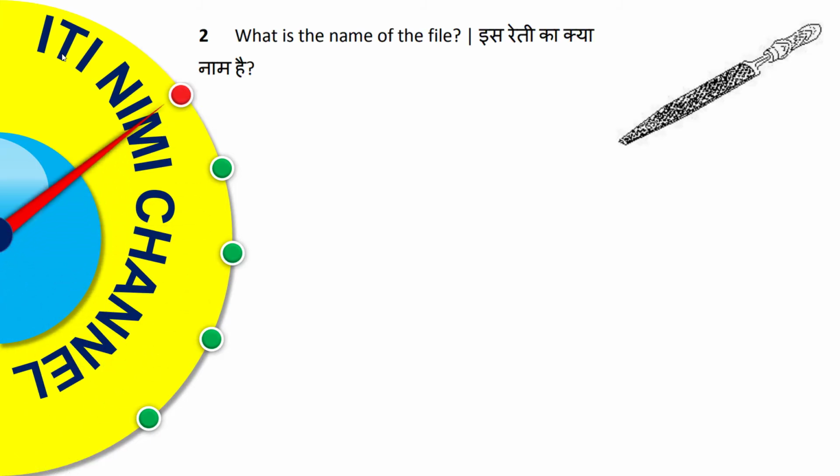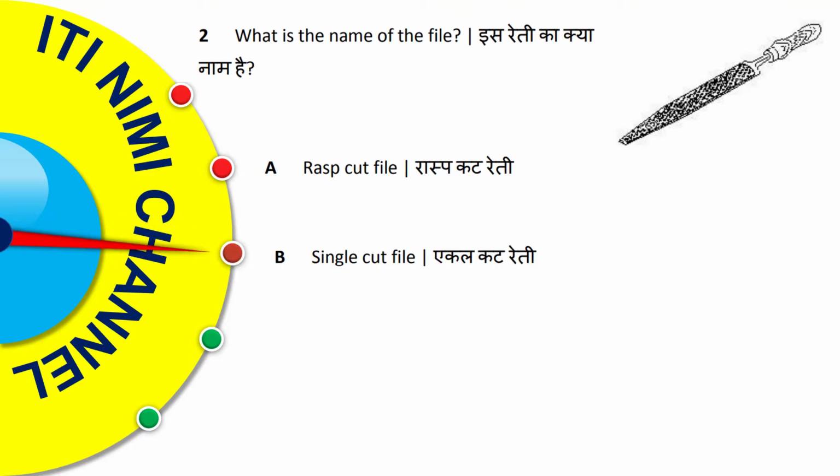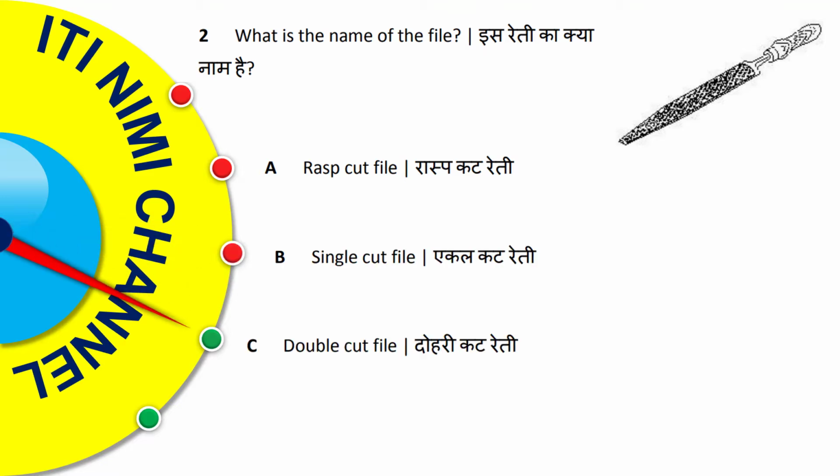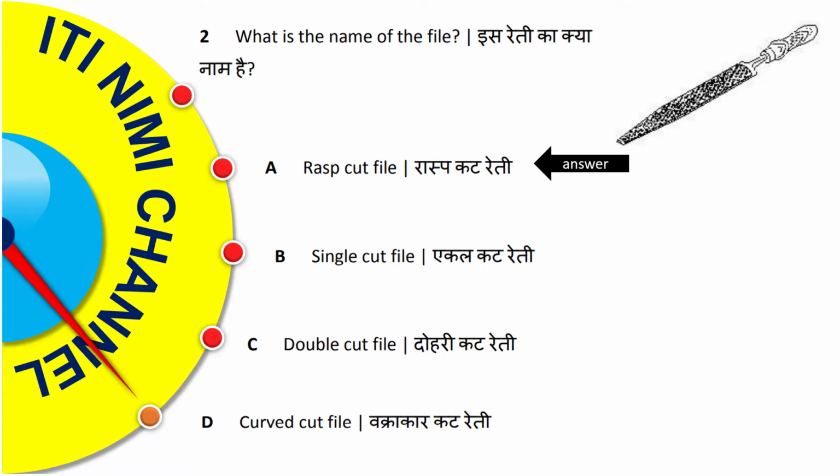What is the name of the file? You have to tell what is the name of this file. Rasp cut file, single cut file, double cut file, curved cut file. The answer is rasp cut file.